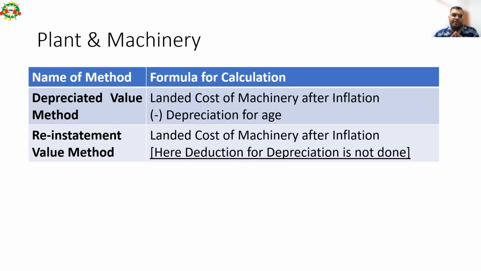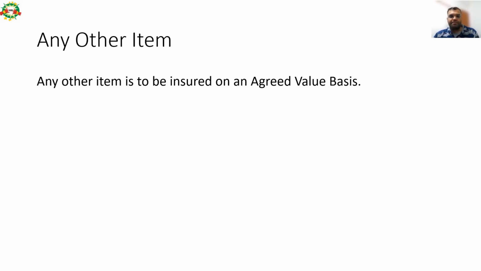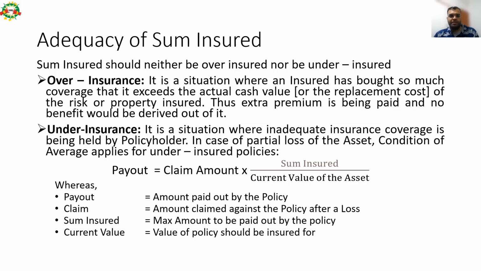In the reinstatement value method, deduction for depreciation is not done, so it is the landed cost of machinery after inflation. For valuables, antiques and precious metals, since the market value of these items cannot be assessed, we normally purchase an aggregate value policy. Any other item is also done on an aggregate valued basis.